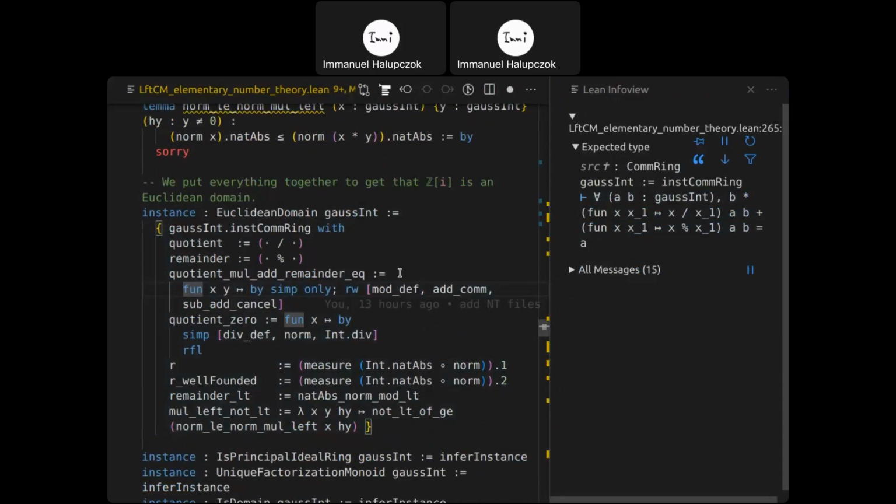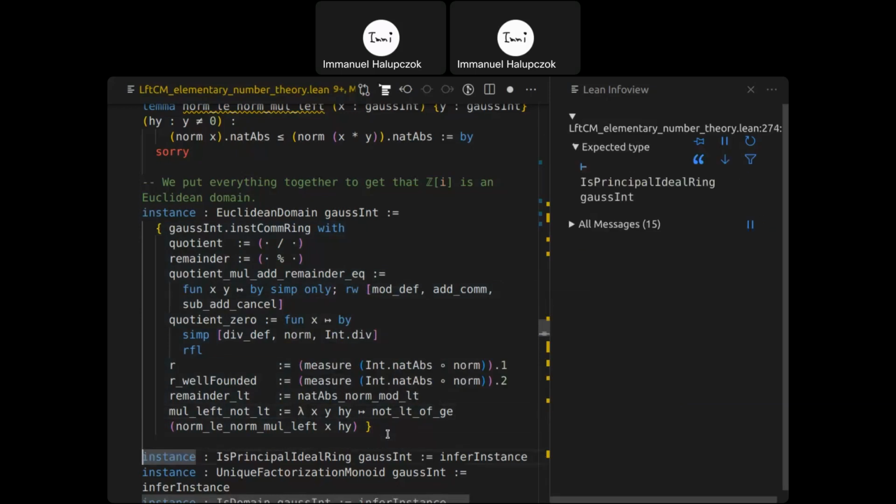And then the other interesting one, I think, is this one. This is the one telling you that the norm of a is going to be less than or equal to the norm of a times b. It looks a bit weird, but that's what's going on.